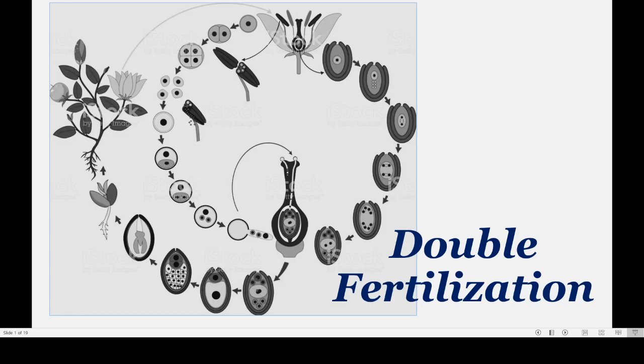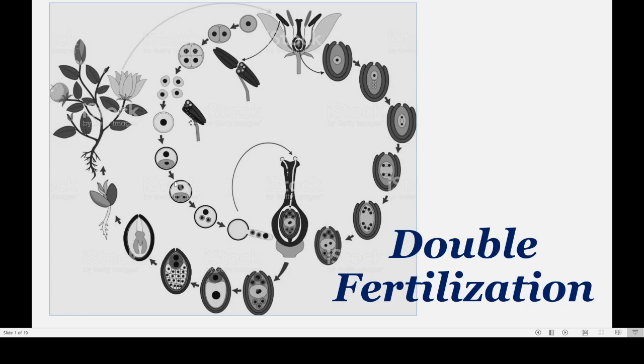The microspore mother cell divided meiotically and formed 4 haploid pollen grains. These pollen grains undergo mitotic division and form a generative cell and a vegetative cell.